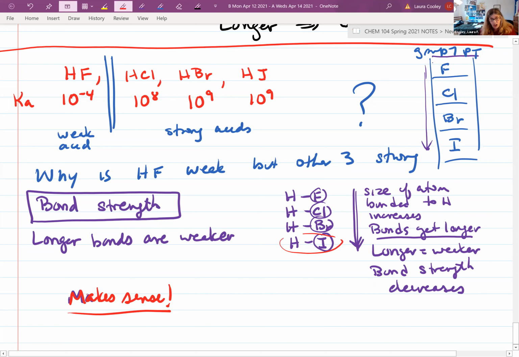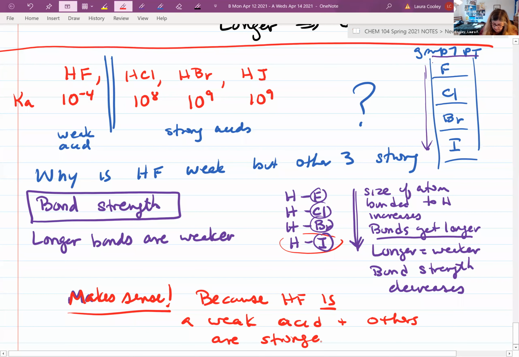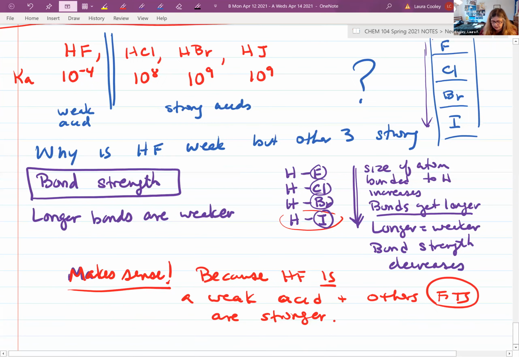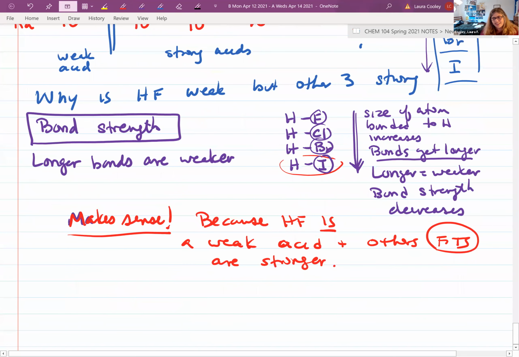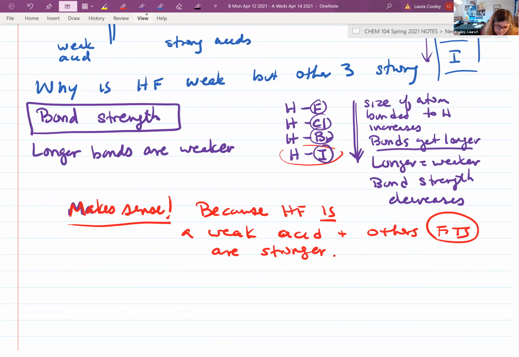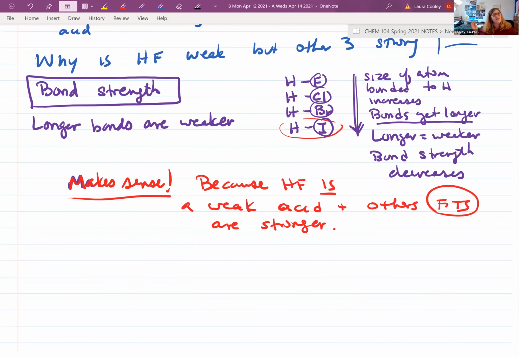So that's going to make HI more willing to release its hydrogen because it's not being held by as strong a bond. Okay, so I like that one. That fits. It makes sense because HF is a weak acid, and the others are stronger. But unfortunately, chemistry is not always so easy to categorize, and things don't always fit that perfectly. Because I want to show you another trend.